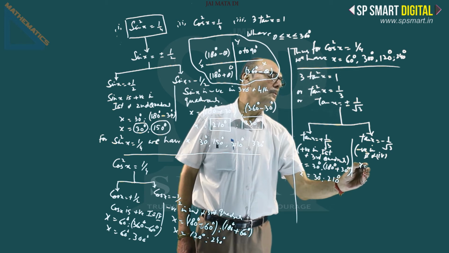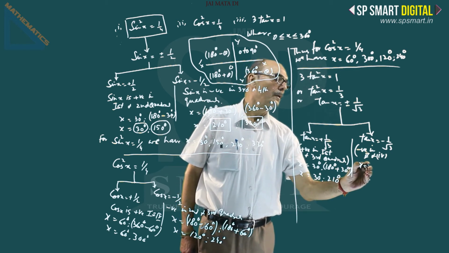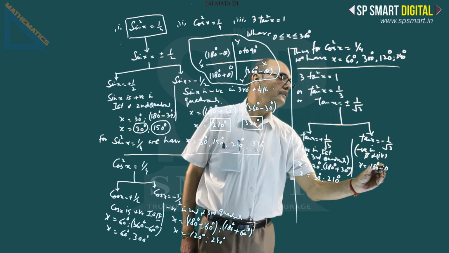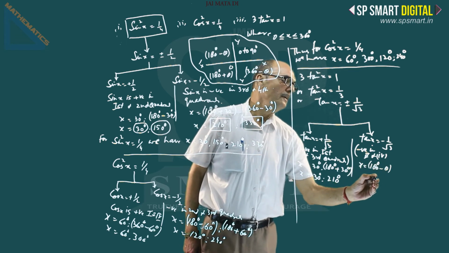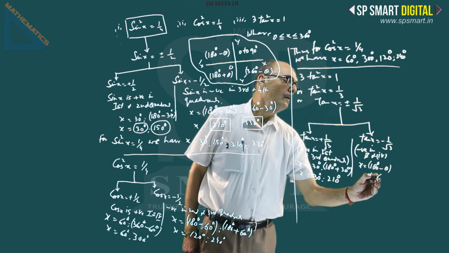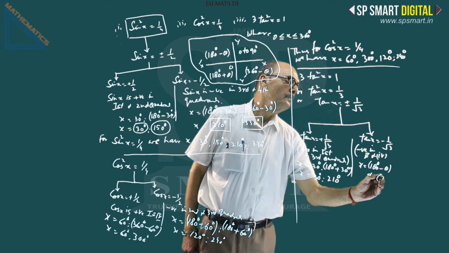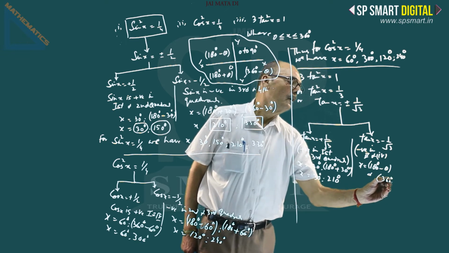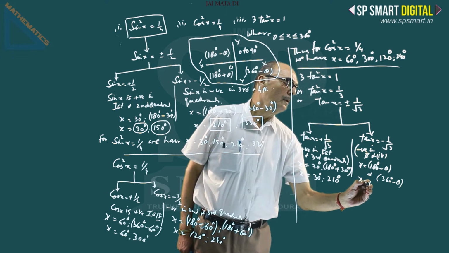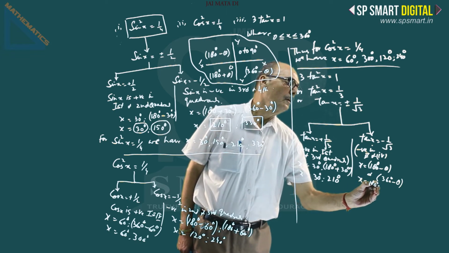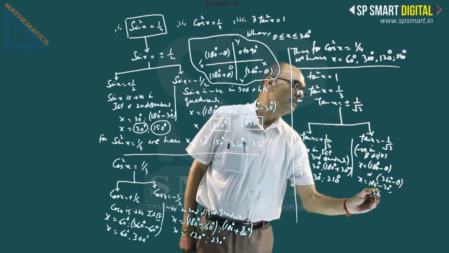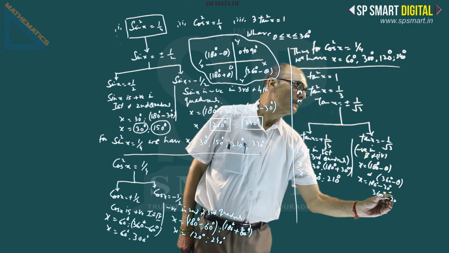Here x equals 180 degrees minus theta in the second quadrant and in the fourth quadrant we have 360 degrees minus theta, that is, x equal to 180 minus 30 degrees and 360 degrees minus 30 degrees.